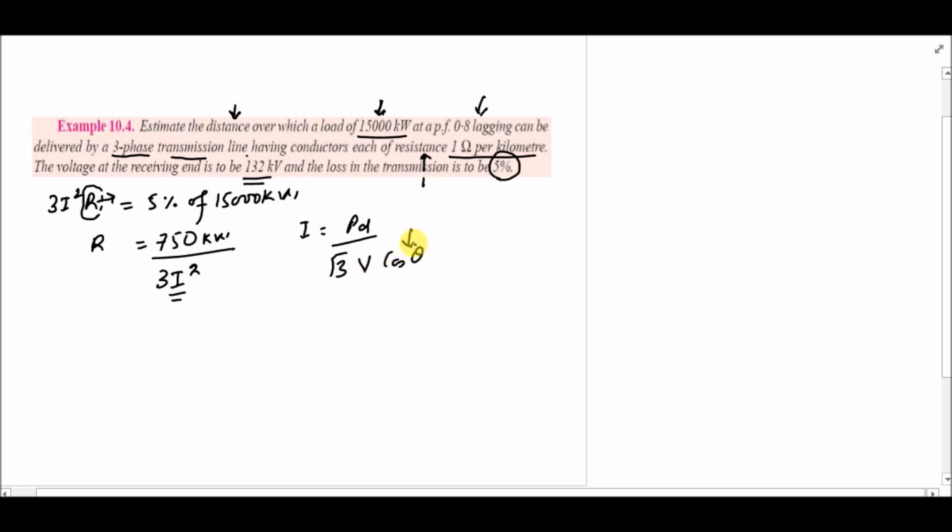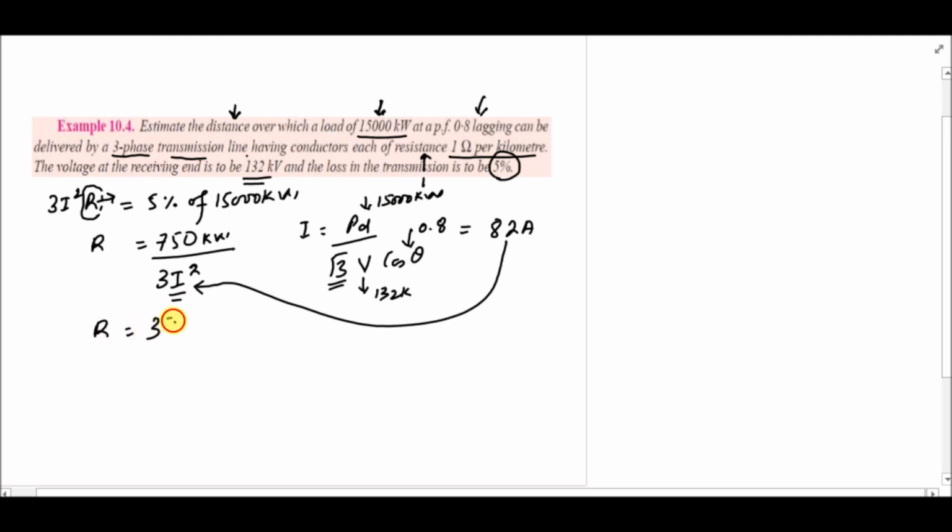Cos theta is 0.8. Line to line voltage is 132 K, because here we are using under root 3, it means this is line to line voltage, and the delivered power is 15,000 kilowatt. So the current value is 82 ampere, and we will use this current value here, and you will get the value of resistance is equal to 37.18 ohm.